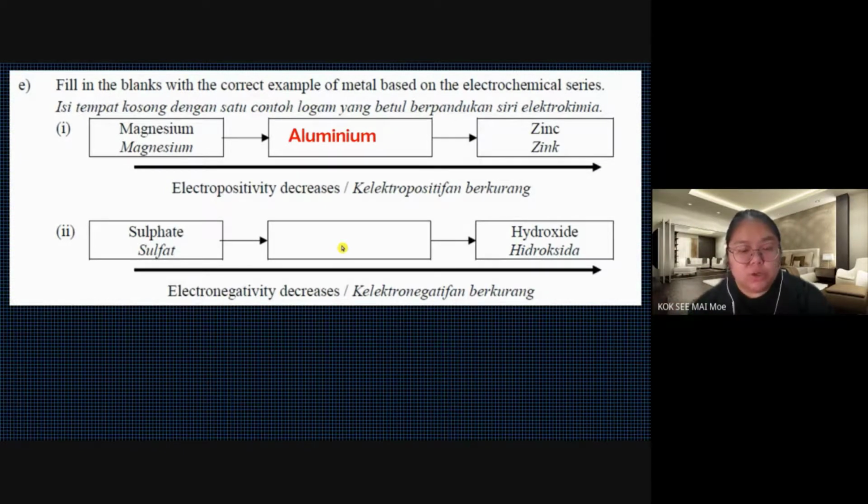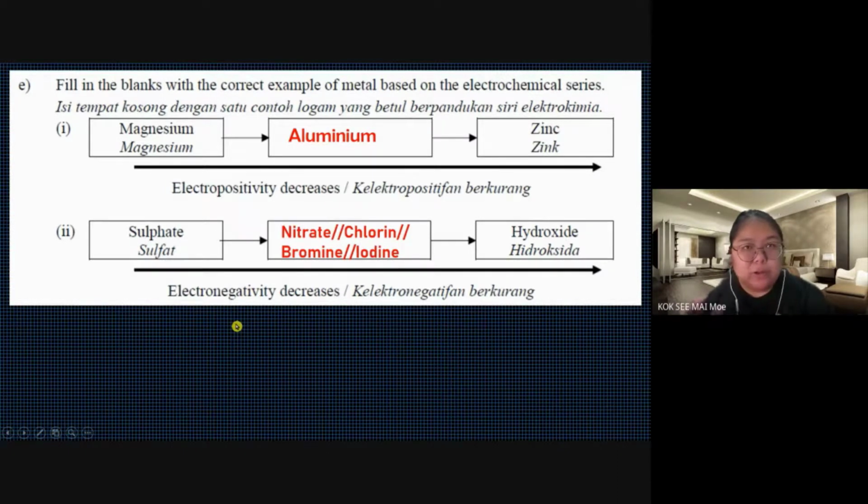Flower so nice can buy in orchard. So that means you can mention sulfate is here. You can mention about the "nice", the "can", the "buy" and also "in". Orchard is the last one. So from here you can mention nitrate, chlorine, bromine, and also iodine.